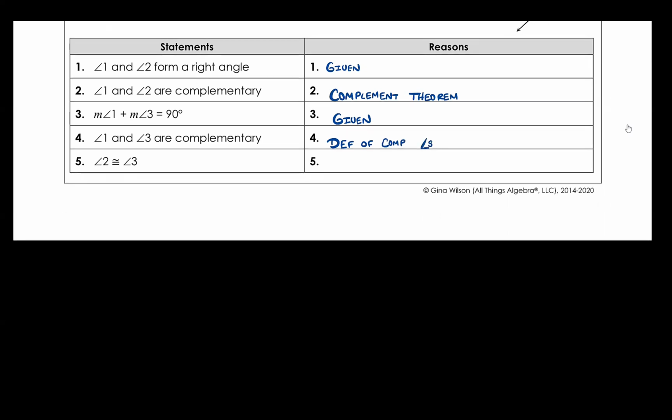All right, and lastly, how can we say 2 is congruent to 3? This is that one you won't see very often. So because 1 and 2 are complementary, and 1 and 3 are complementary, 2 must be congruent to 3 based on which one? Congruent complements. Yep.